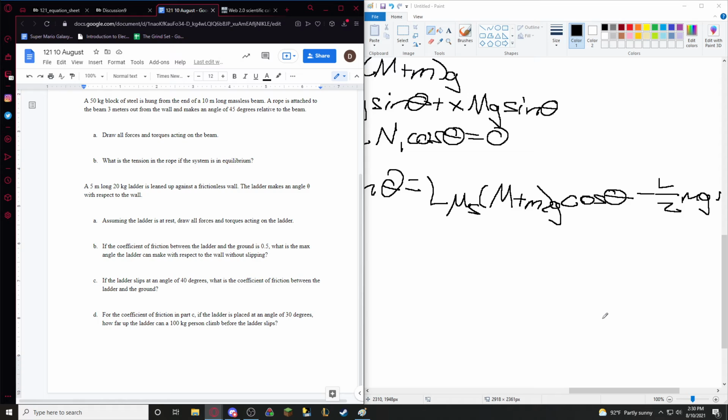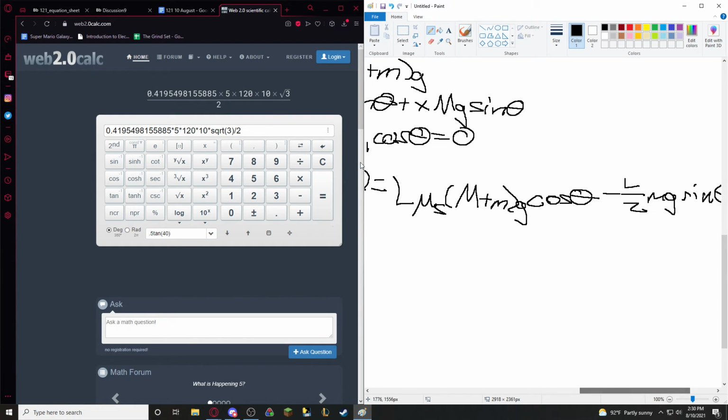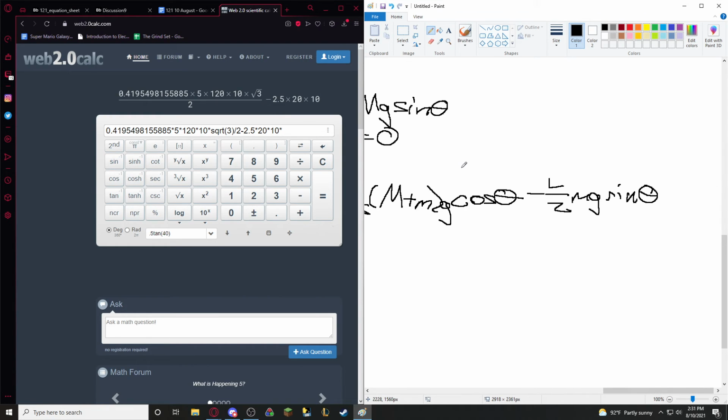Square root of 3 over 2. Yep, root 3 over 2. And then we have minus L over 2, which is 5 over 2, 2.5, times m times g times the sine of theta. What's the sine of 30 degrees? 1/2. Yep, 1/2.